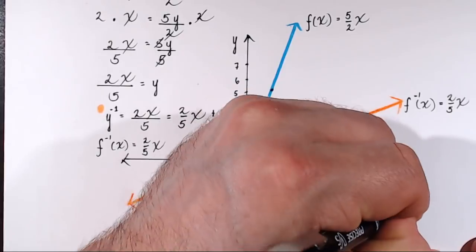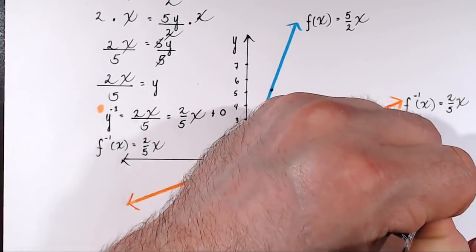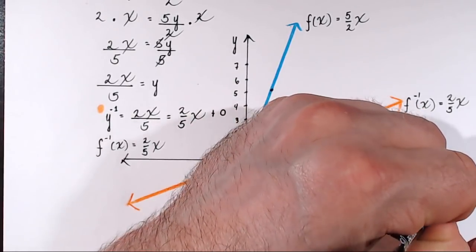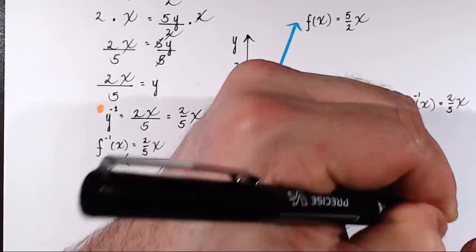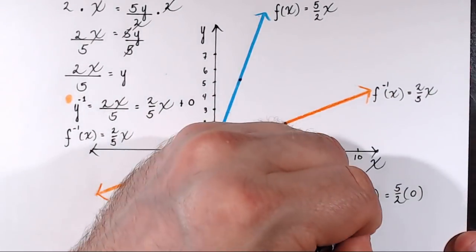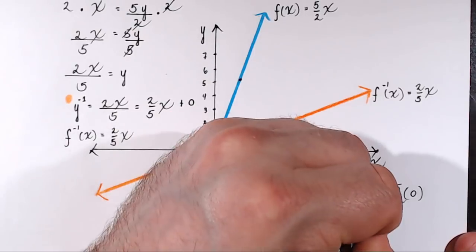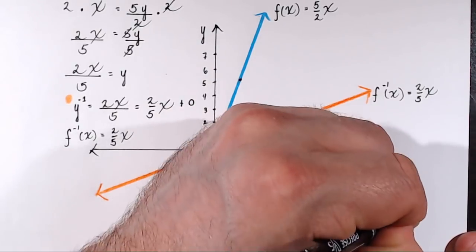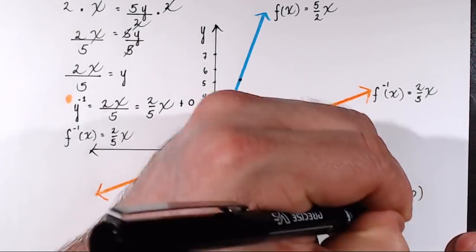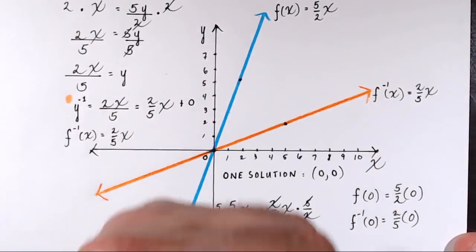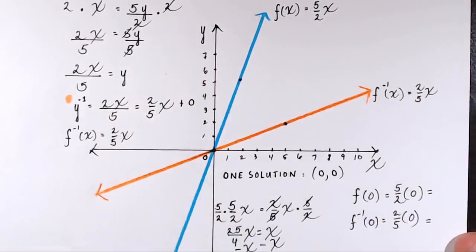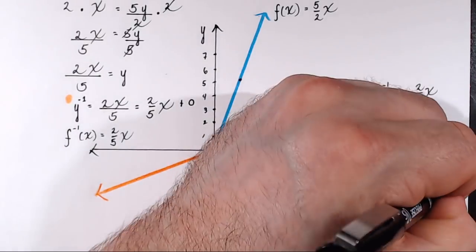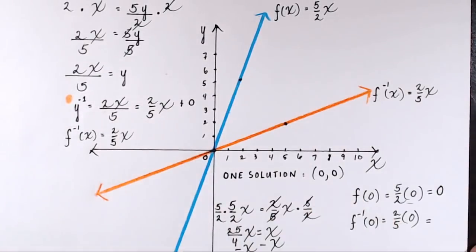I'll show you. F of 0 equals 5/2 times 0, and F inverse of 0 equals 2/5 times 0. And both of these, 5/2 times 0 is 0, and 2/5 times 0 is 0.